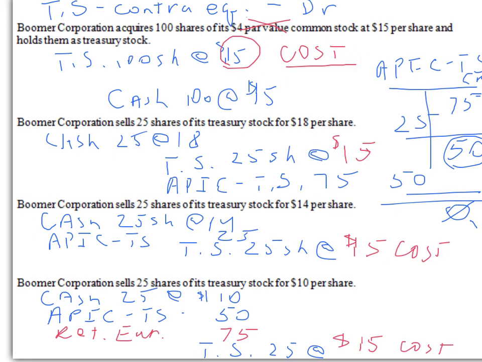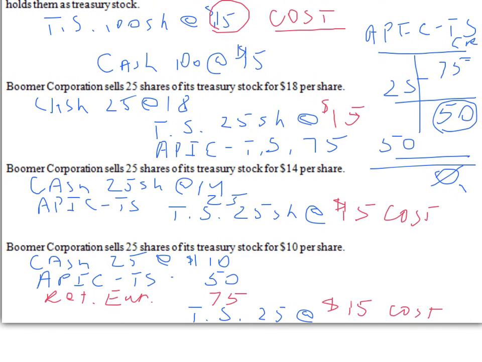And one more, if you run out of additional paid-in capital, by the way, do keep track of it. That's why I created this little T-count ledger, so I don't forget to keep track of it. You may not drop below zero. If you do run out, that's the time to go ahead and use your retained earnings.